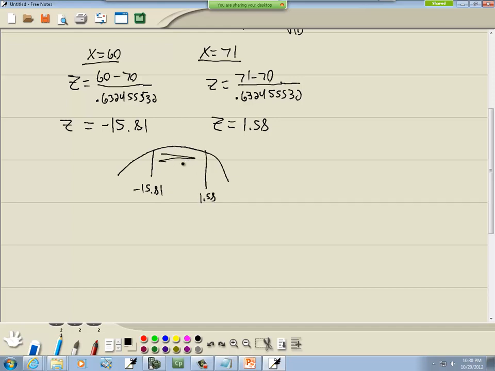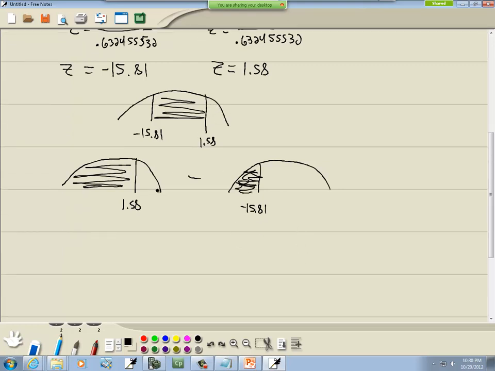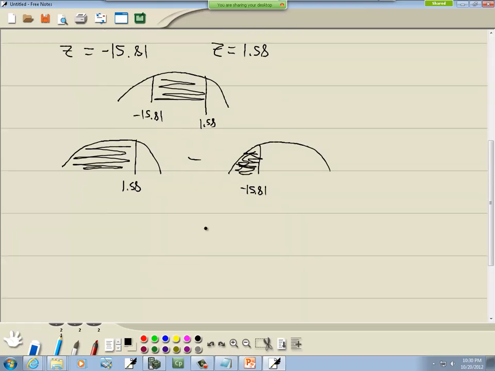And there are z-scores. Well, our table's based upon the area to the left, so again, I'm going to put in the 1.58 first, minus, and then the negative 15.81. That's the way it always goes. Whatever's on the right here always goes here. Whatever's on the left goes here. Kind of flip-flops.